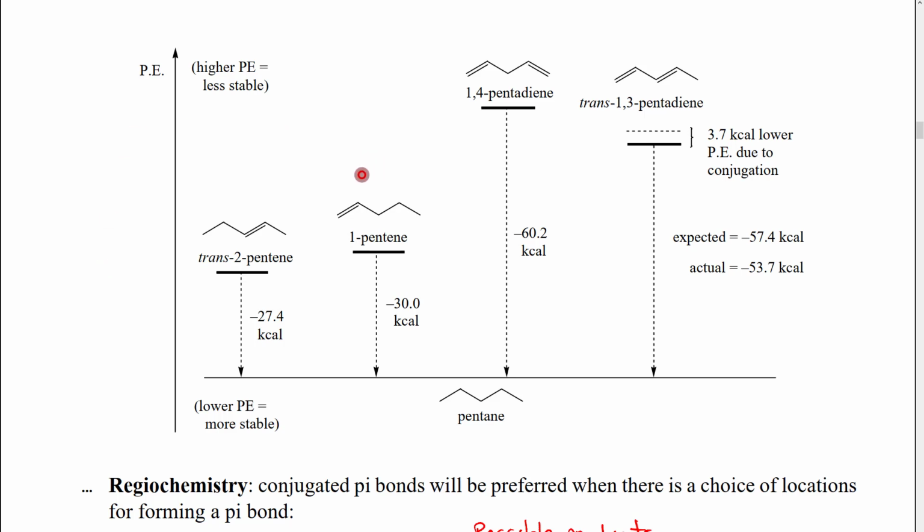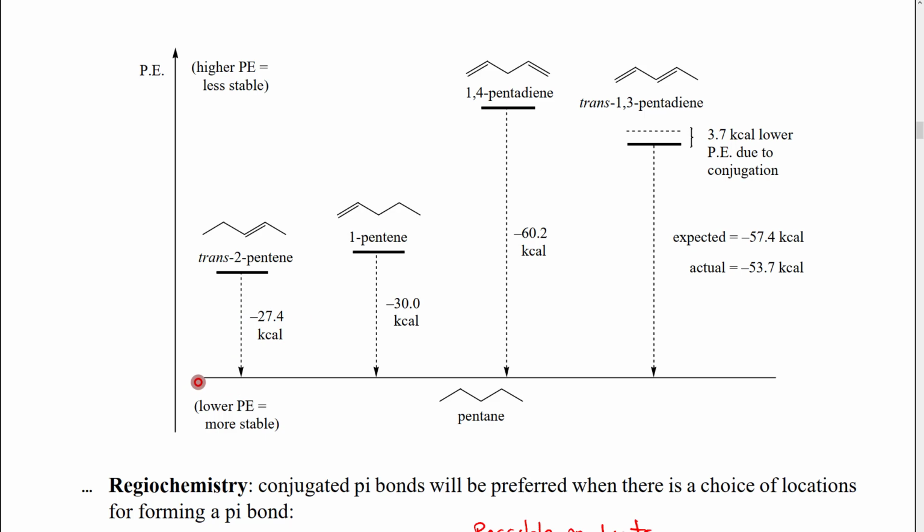In that chapter, we looked at a reaction where we would take an alkene and we would treat it with hydrogen and something like palladium, a metal catalyst. And we would add hydrogen to the double bond, making it into a single bond. And we saw that when we did that, that would be an exothermic reaction and potential energy would be released.